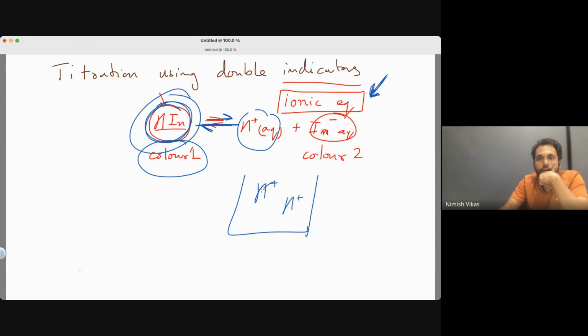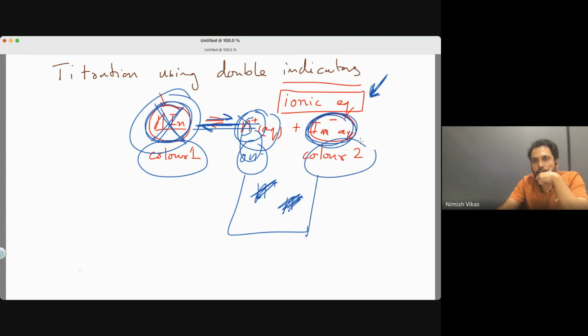Whereas if you put it in a solution which is basic, then it is going to react, and the H plus is going to combine with the OH of the base and the reaction will be pulled forward, and hence this will come into the picture, this will be gone, and you'll have this color.